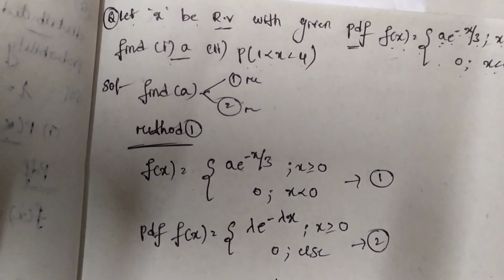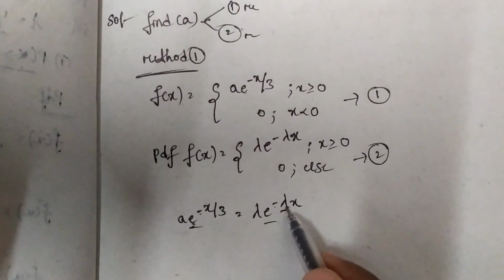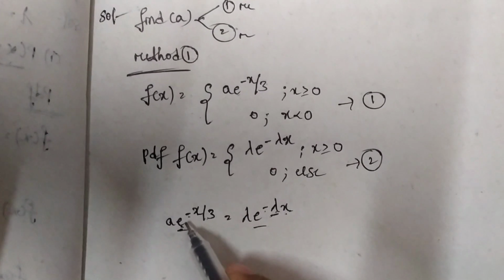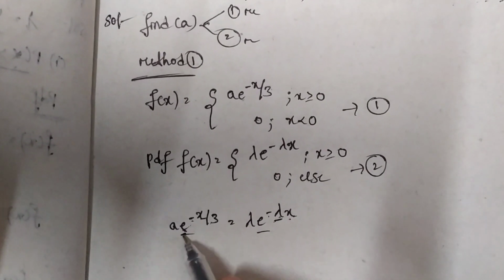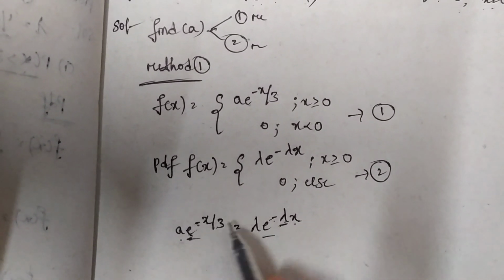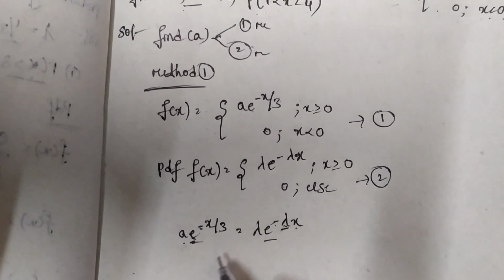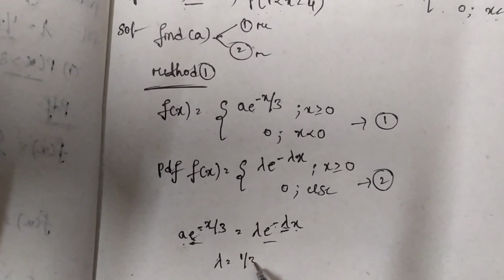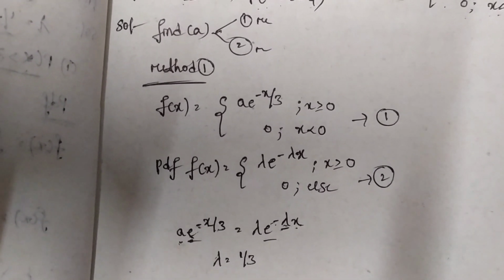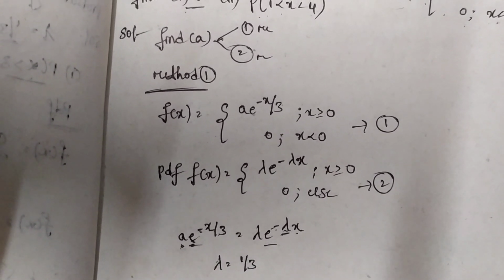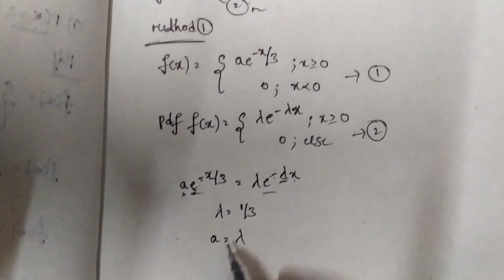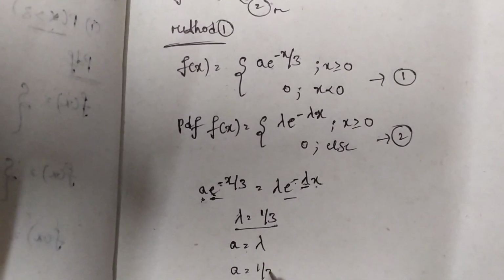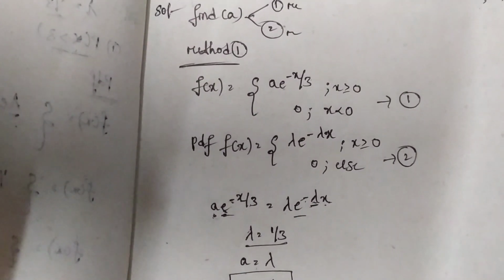In place of lambda we have 1 by 3. So lambda equals 1 by 3, and a equals lambda also. So if lambda equals 1 by 3, we get the a value also as 1 by 3. This is the first method to find the a value.